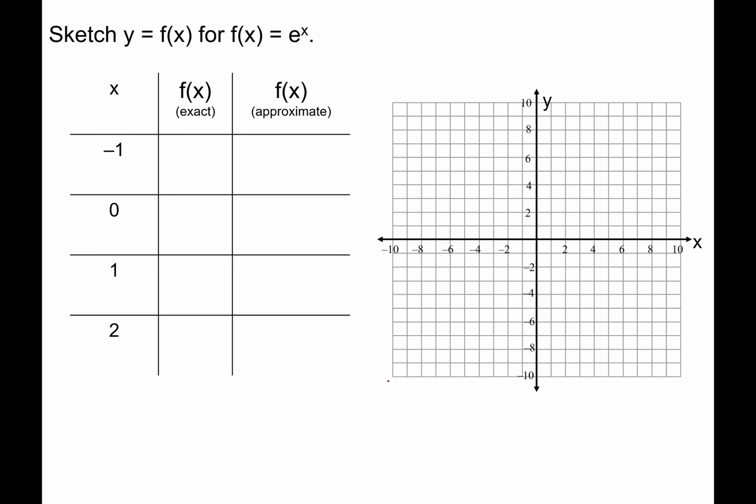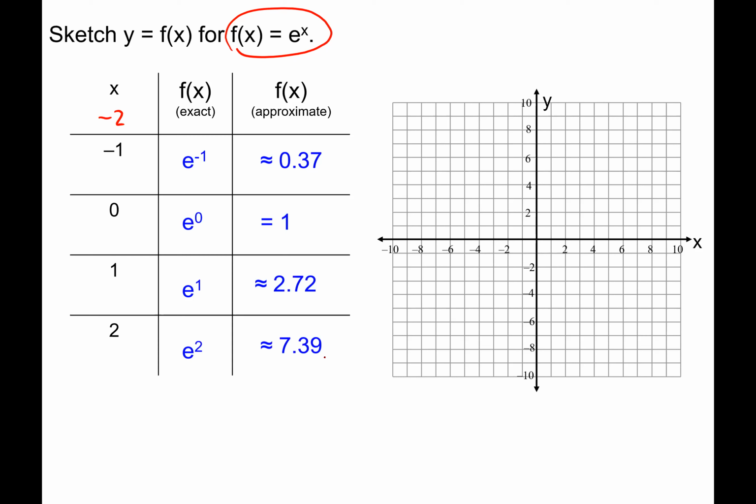Okay, then we actually already learned how to graph the exponential function with the base e, right? So basically you just pick some x values, remember, we do -2, -1, 0, 1, 2, right? And you find the y values by plugging into this exponent with base e. Then we get all these numbers and then you can plot it, right, from the graph here. So you see, this is the graph, right?